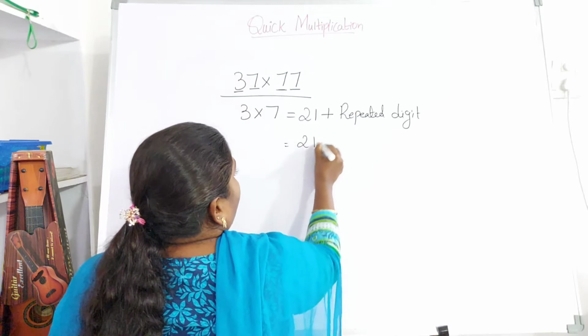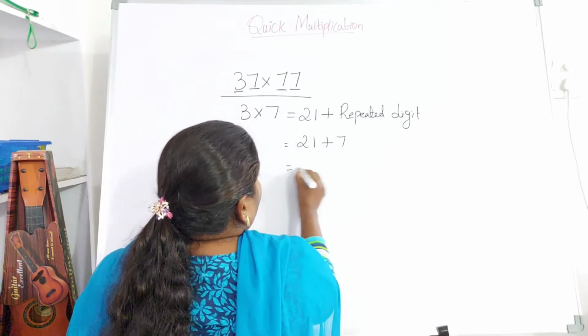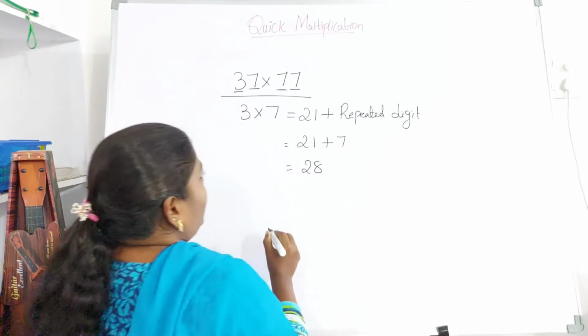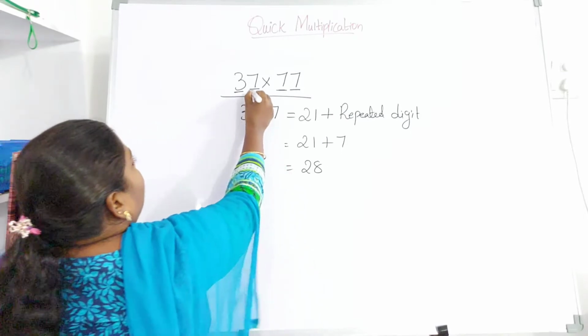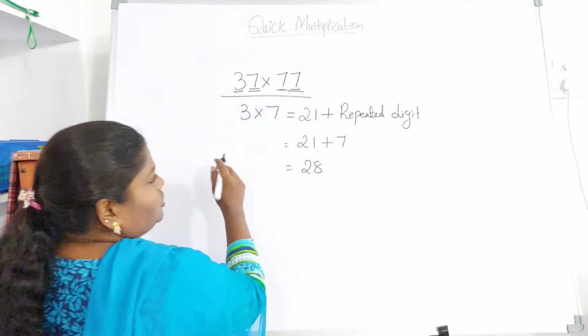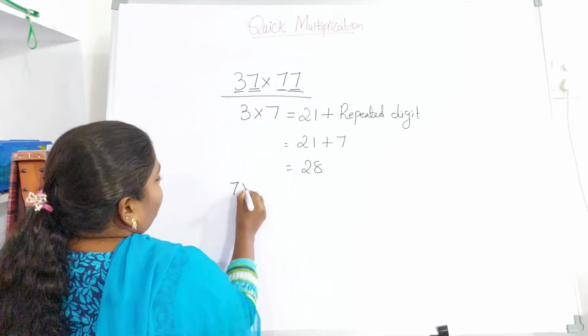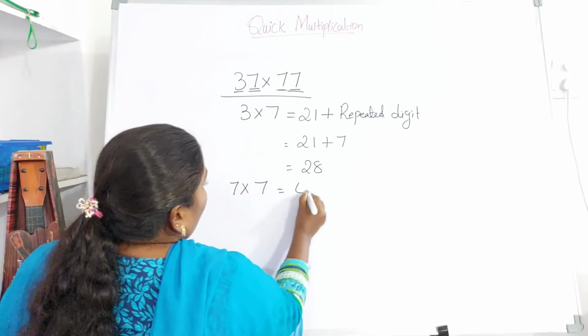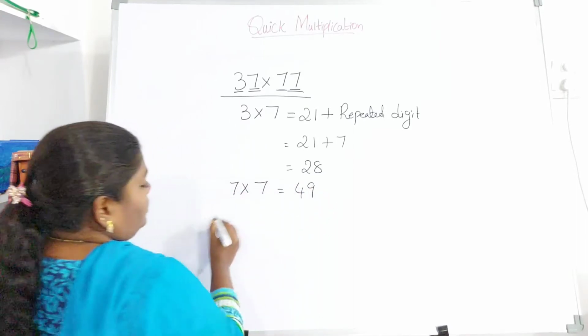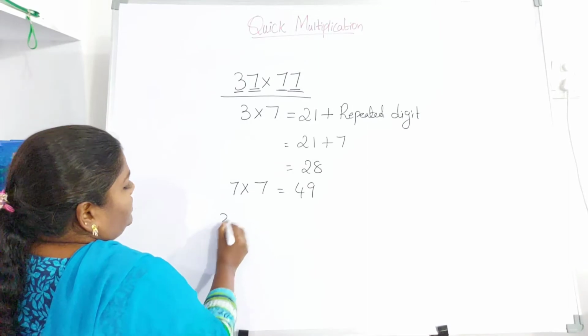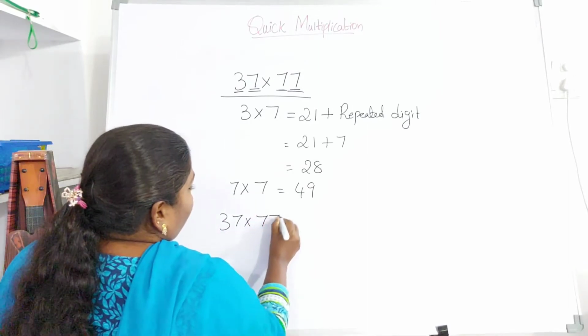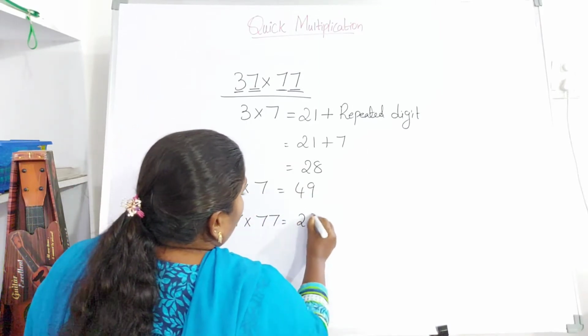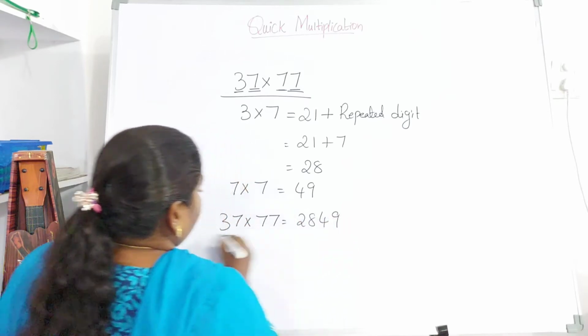So 21 plus 7 is equal to 28. Now multiply the ones digits of the two numbers, that is 7 into 7, which is 49. So 37 into 77 is nothing but 2849.